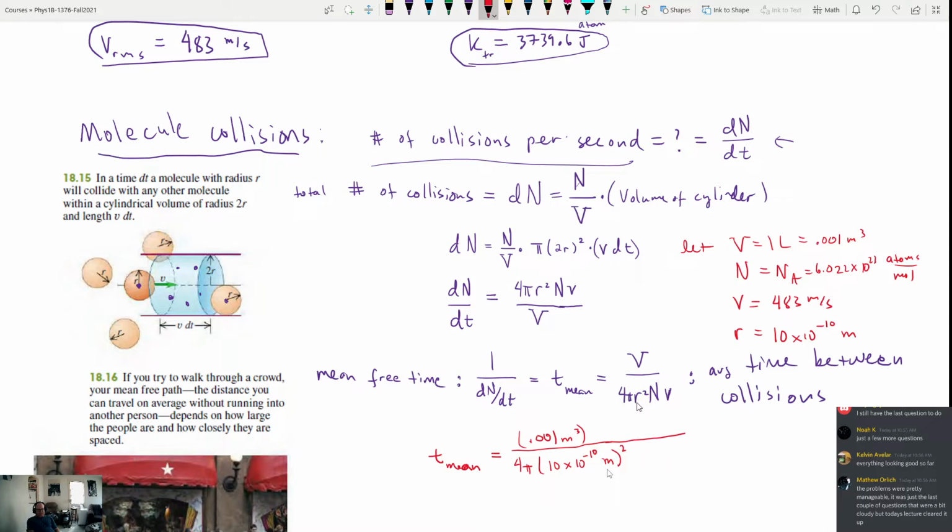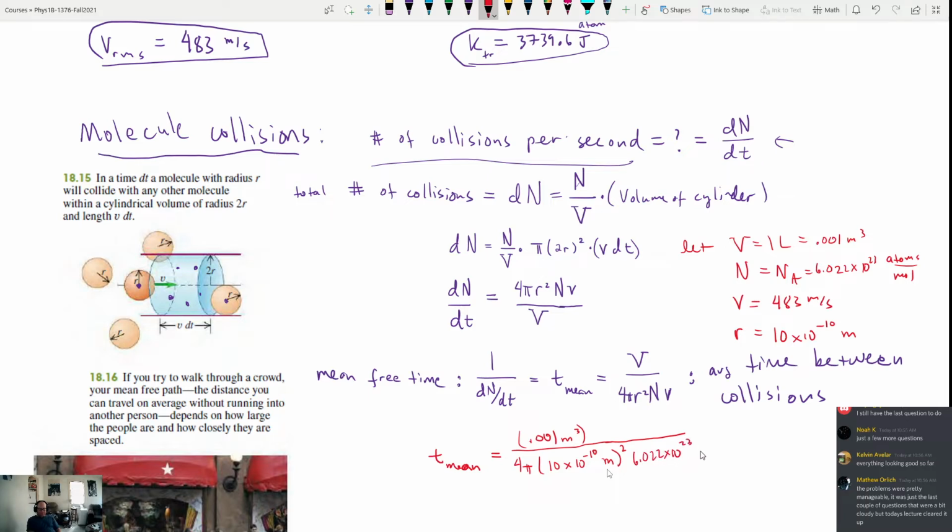You can see that the bigger the molecule is, the less time between collisions, which I hope makes sense. The bigger the molecule is, the less time you have between collisions. Okay. And then times N, which we say we're going to use 6.022 times 10 to the 23.